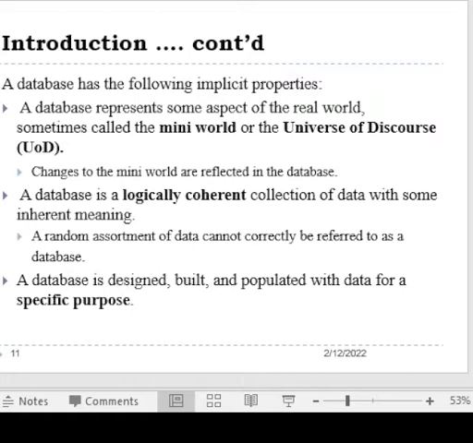Also, a database is designed, built, or operated with data for a specific purpose. That means we can develop any database for a specific purpose. If we use a database for academic purposes, we develop a database for academics. If we use a database for a resort or hotel, we develop the data for that hotel.